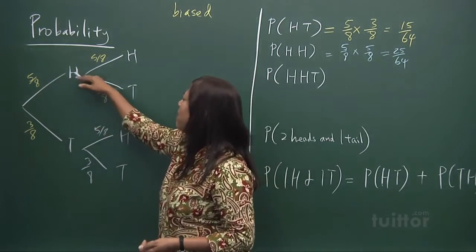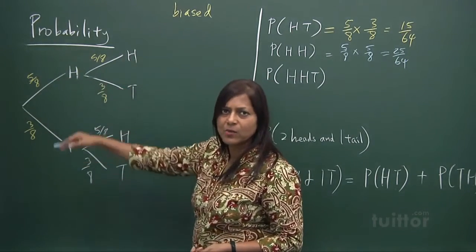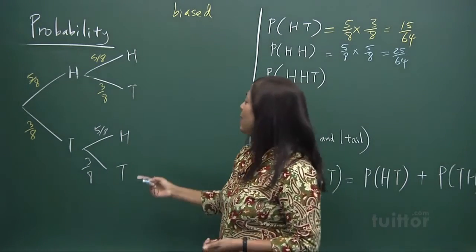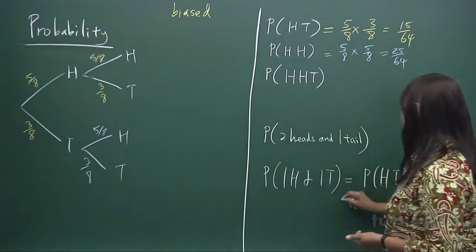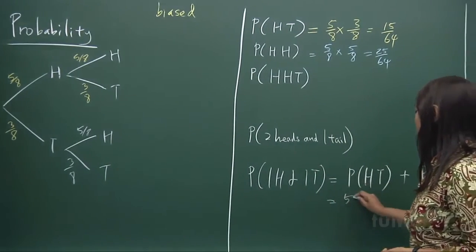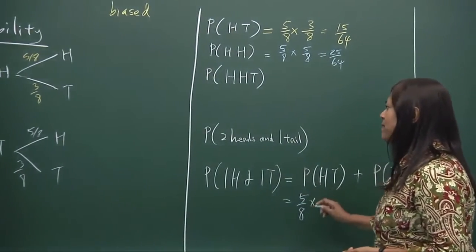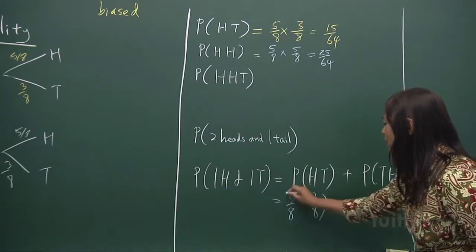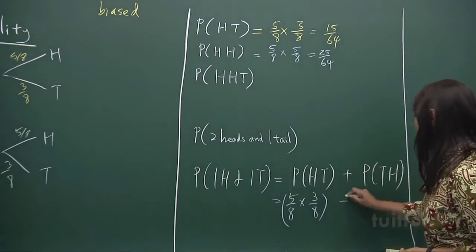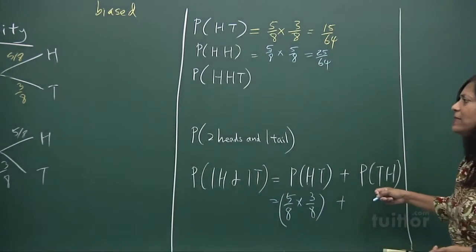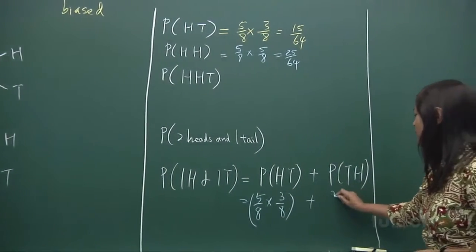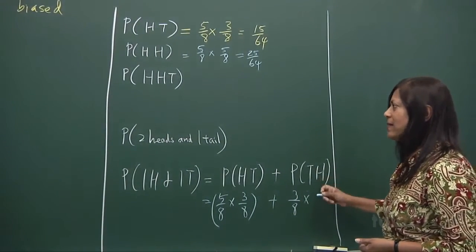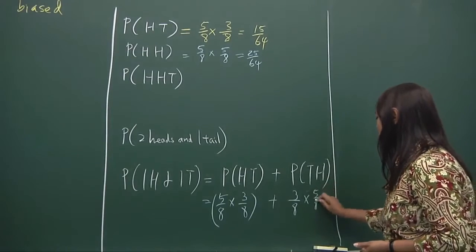So if you look at the probability tree, this is what you call a probability tree. The probability of a head tail, a head appearing is 5/8 times a tail appearing is 3/8. You've got that. And then here, the probability of a tail appearing is 3/8 and a head appearing is 5/8.